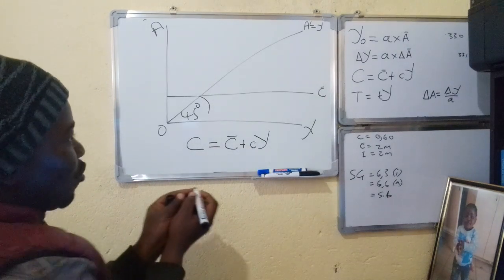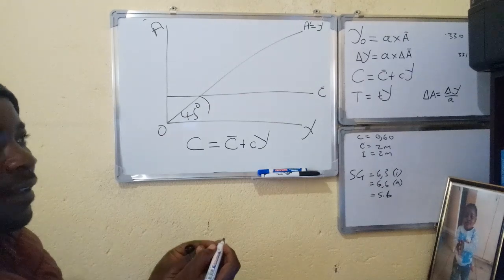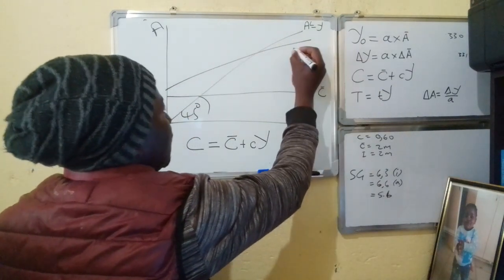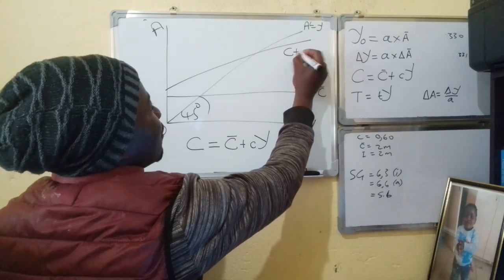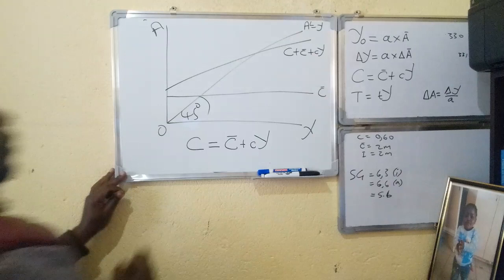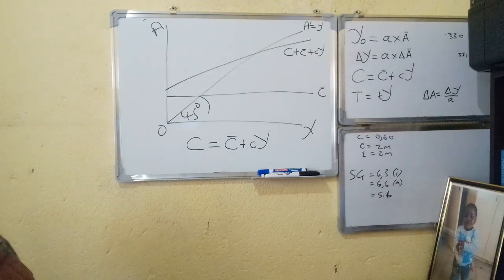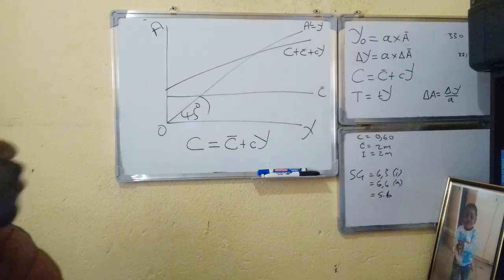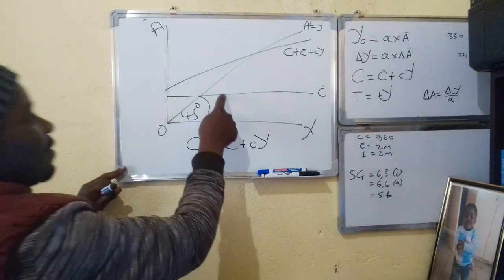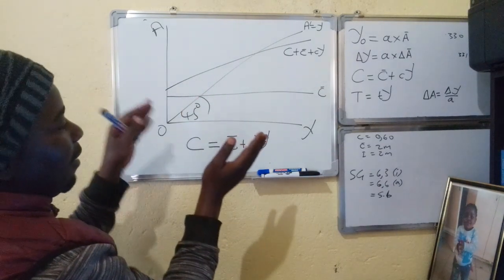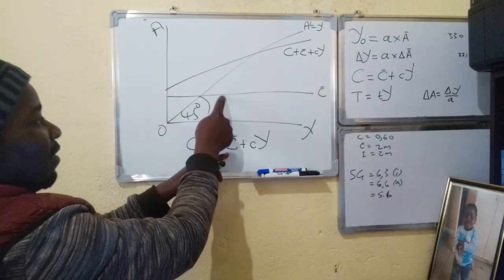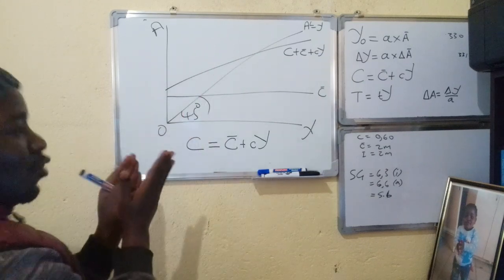So when you add them together, what happens is that you will have a consumption function which is full. You will have something like that. Okay? What this means now is that this and this have been added together. This and this have been added together.